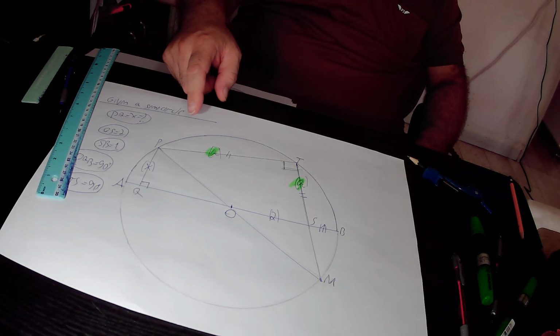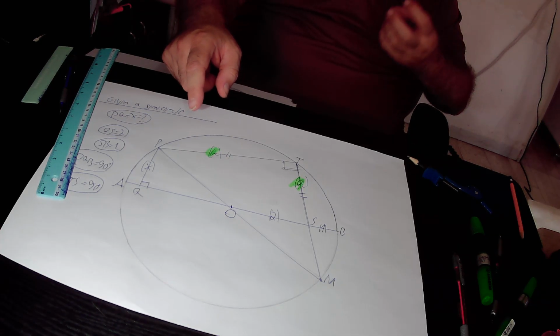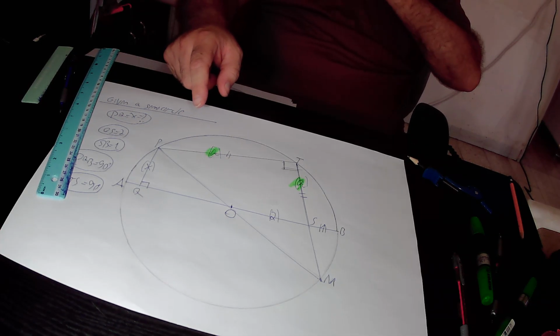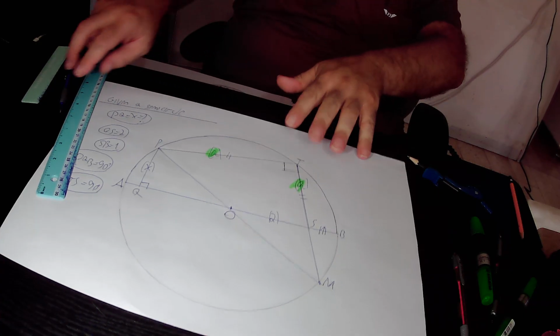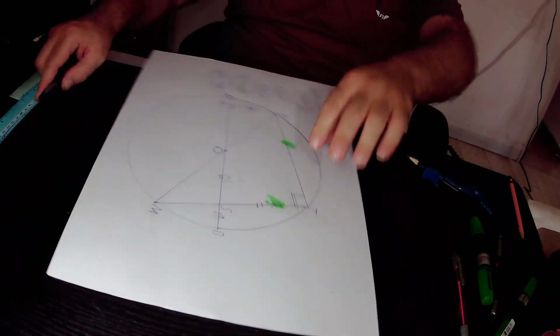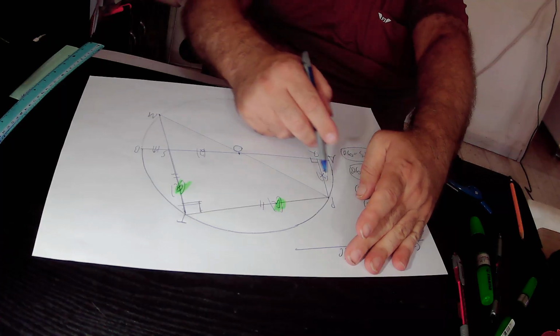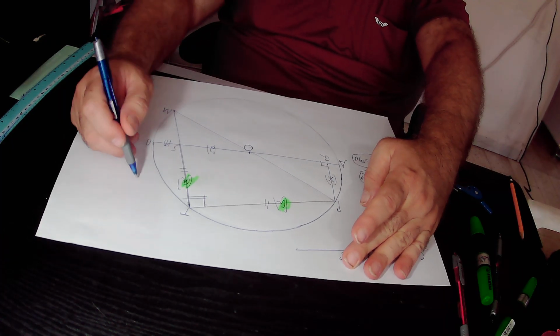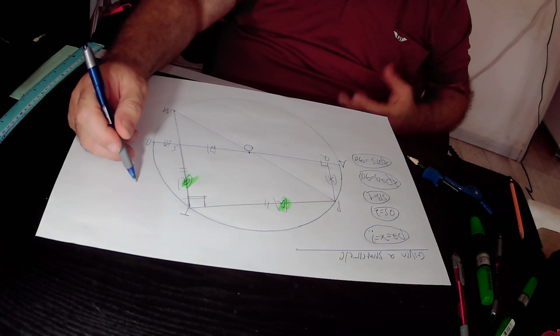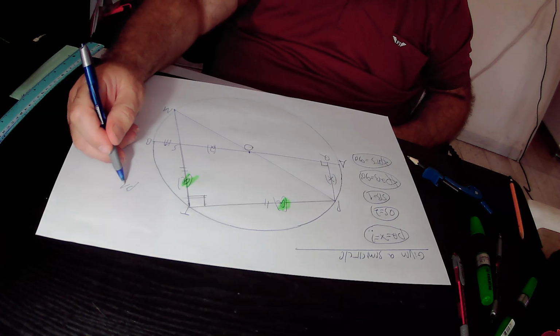Angle PTM subtends on chord PM, and therefore according to rule 5, chord PM must be the diameter of the circle. So we found out that chord PM is the diameter of this circle according to rule 5.